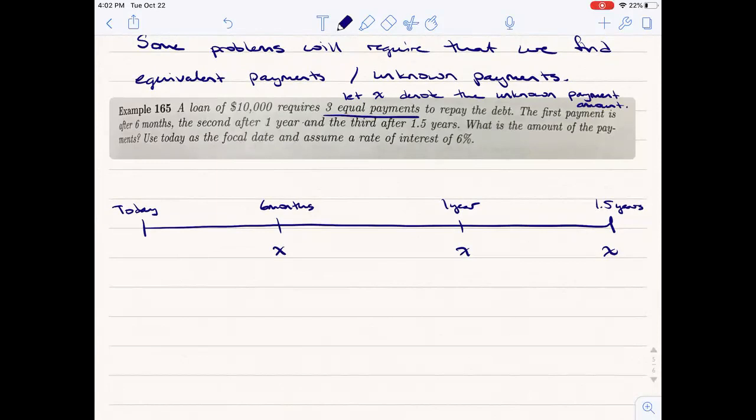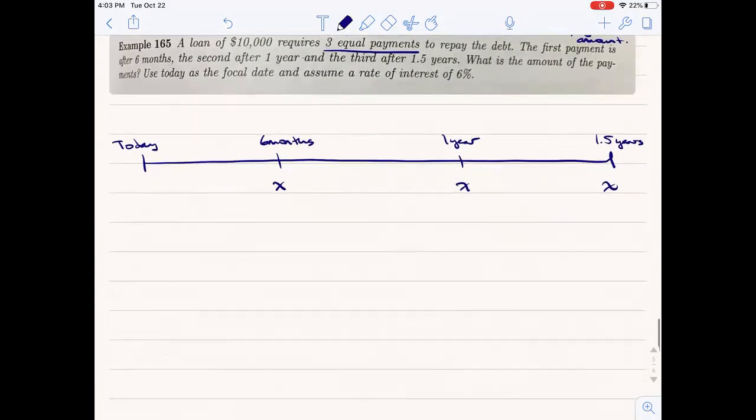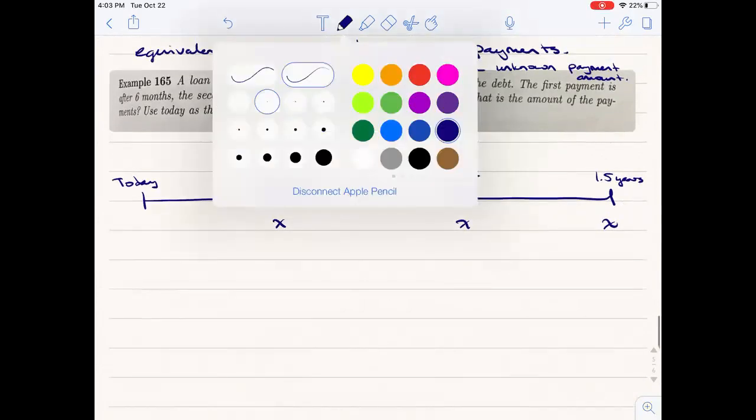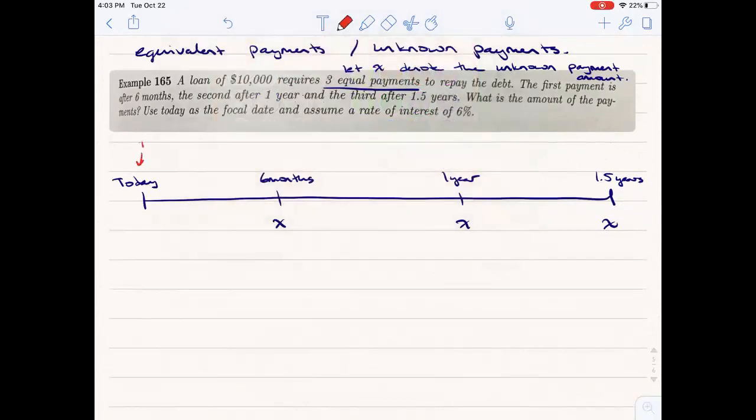We can still work with X, and what we'll eventually be able to do is solve for X. So this first X, at 6 months, because I was told to use today as the focal date, which you would have done anyways because you know these payments all have to be worth $10,000 today.